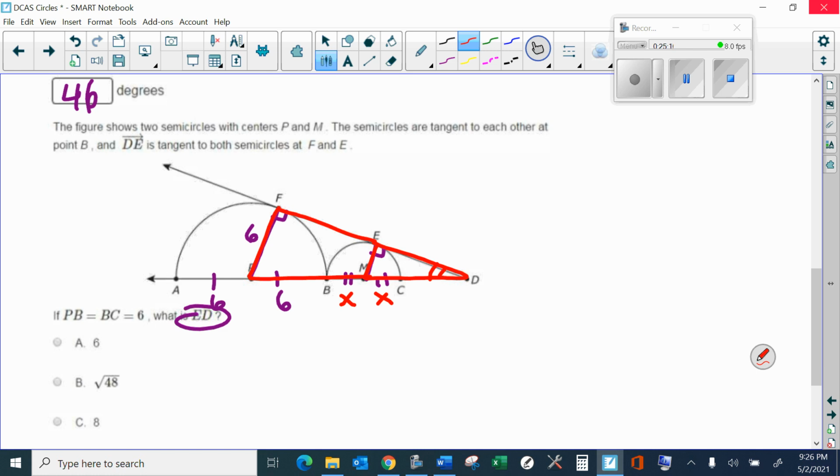TB equals 6 and BC equals 6. So these are both 6. Oh no, BC itself is 6, so each of these is 3. And we don't know what this distance is from here to here, so we'll call that x, because now we do know these distances are 3.